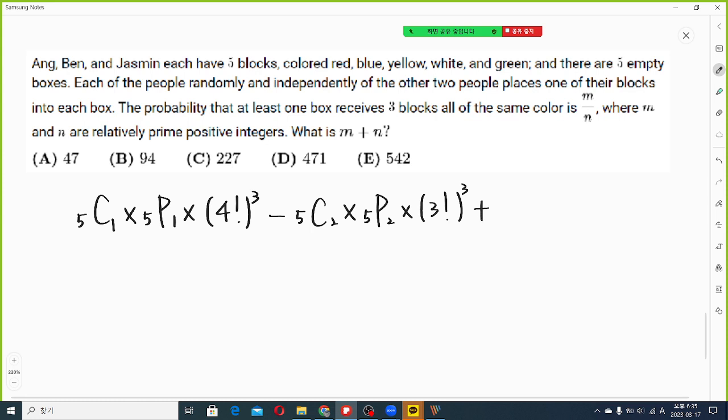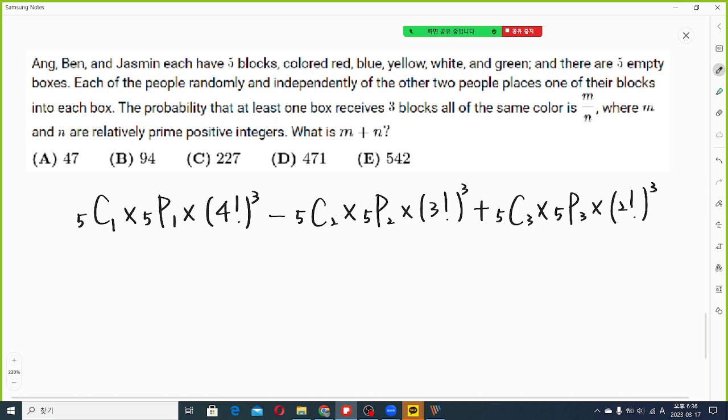So we choose the three colors out of five, 5C3, and then we choose three boxes, which is 5P3. And for the remaining two blocks, we make a random arrangement, cubed.